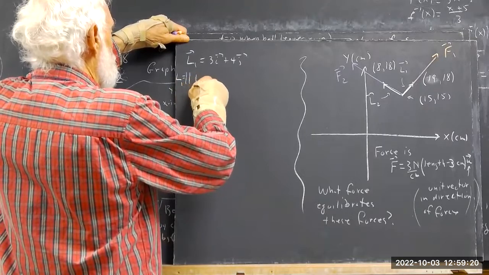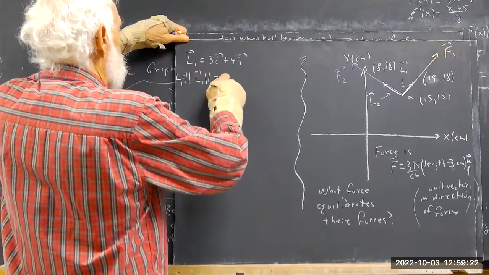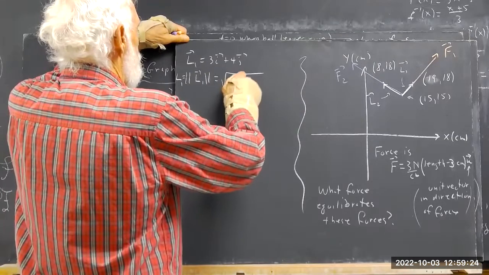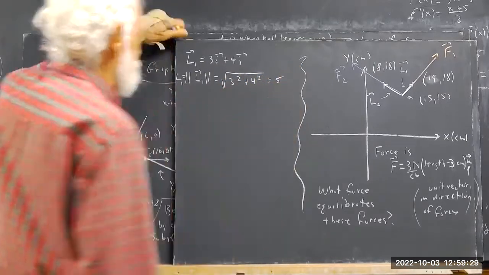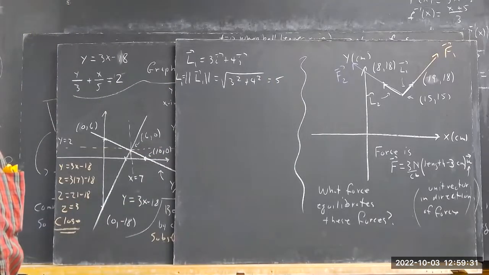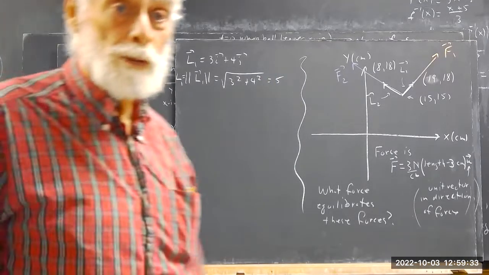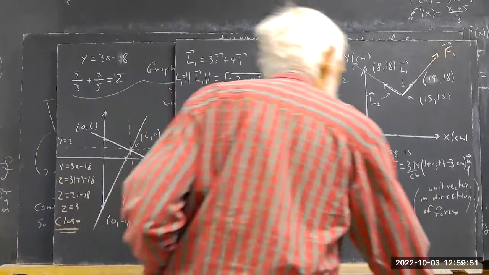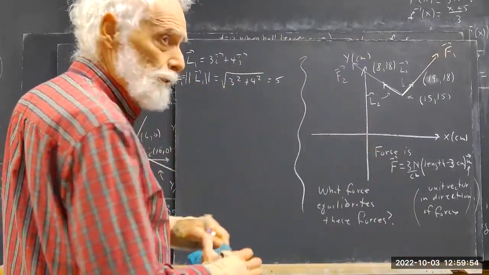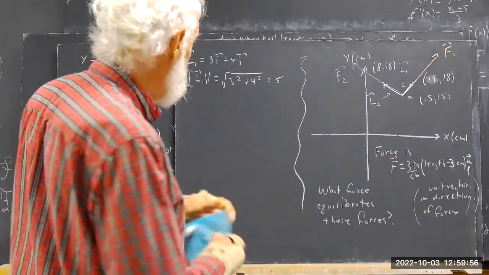The length of the L1 vector is 5. Question? Hang on. Talk about being precise and everything, I'm not having a great morning with being precise, so keep an eye on it.